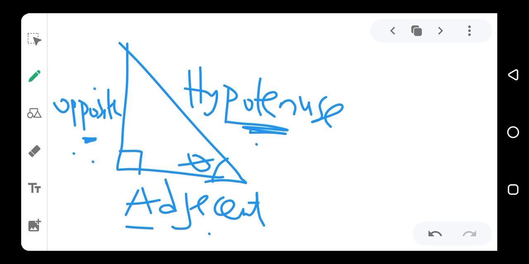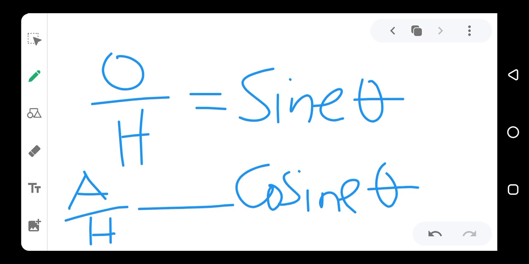And if we know two sides, we can determine the angle inside the right angled triangle. So that is how these rules help us. We call them the sine rule, cosine rule, and tangent rule. They help us to determine the sides of a right angle triangle when we have only one side of it, or to determine the angle in a right angled triangle.